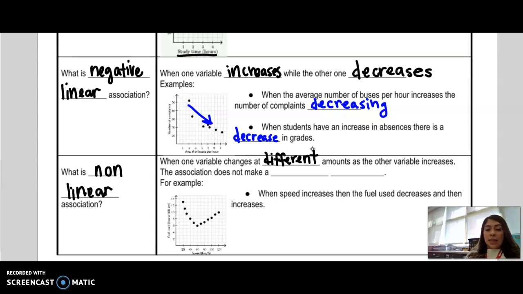So here we can see that as the speed is increasing, we have fuel that is decreasing and also increasing at the same time. So it is different amounts when the variables are increasing, and you can see that from the dot plot.